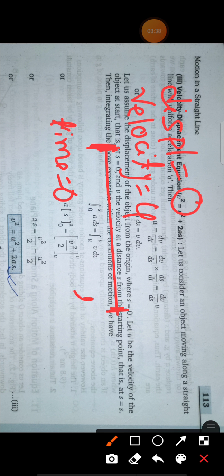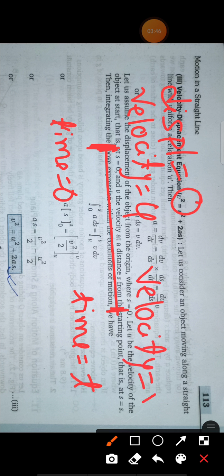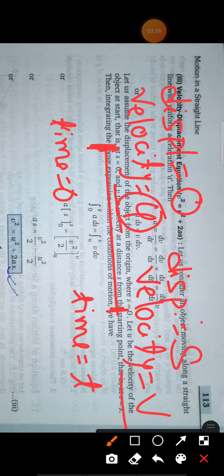After some time, when the time is t, suppose the final velocity is v, and the displacement is s. So the limit of velocity is from u to v, initial velocity u, final velocity v.